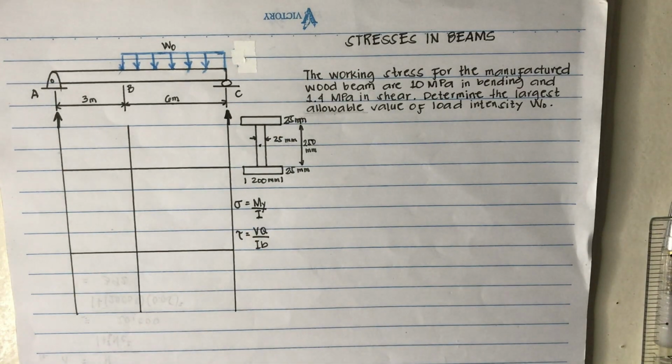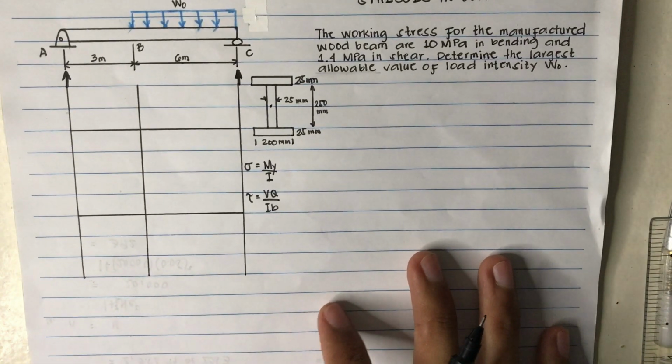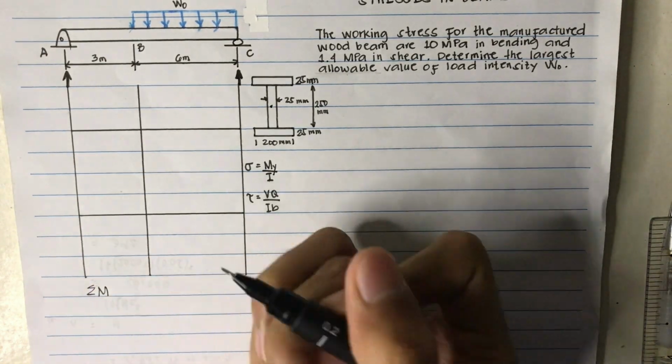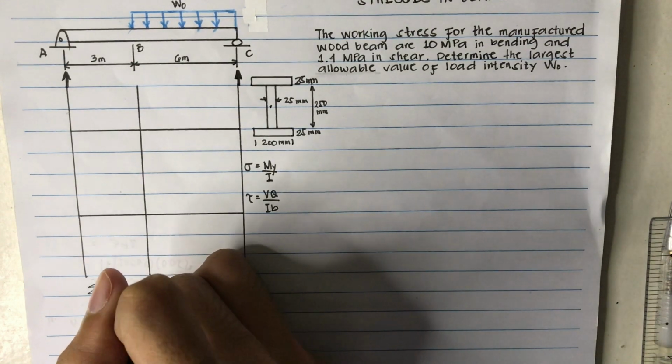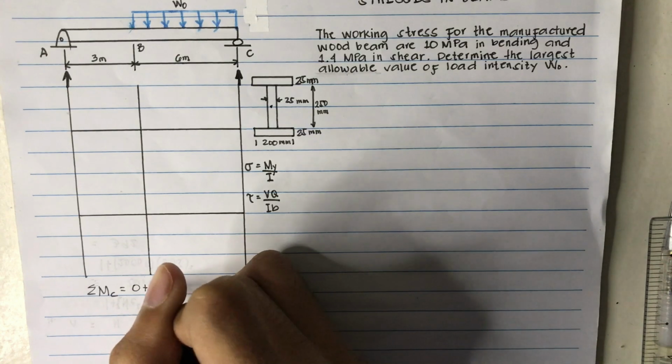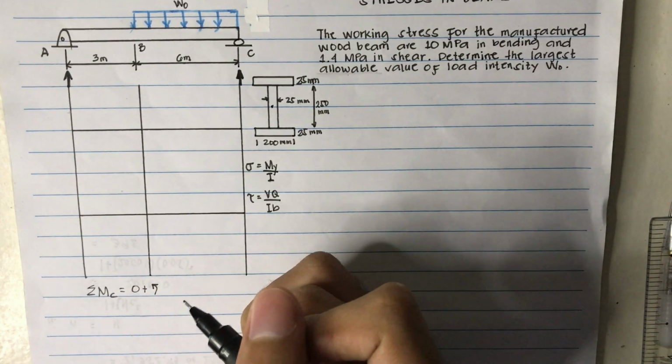So first thing to do is to solve for the reaction. To solve for the reaction, summation of moment at C, we assume positive counterclockwise.